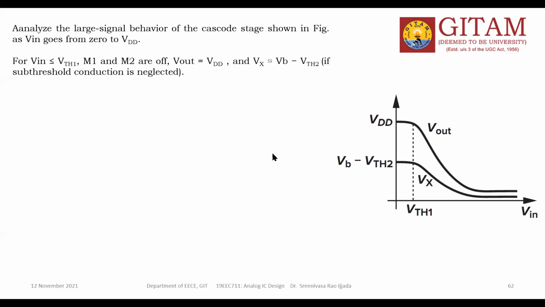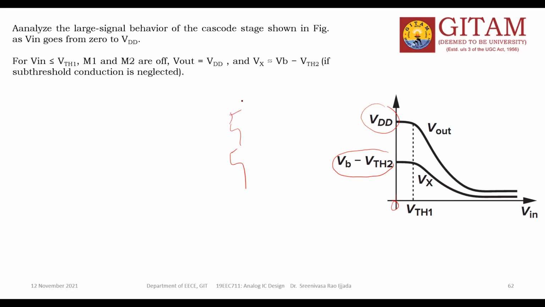See, this is the cascode stage. Output voltage characteristics. What I'm trying to tell you here is that this is the Vx potential and this is the V output potential. Whenever your input voltage is 0, as I told you, we have two transistors connected like this.